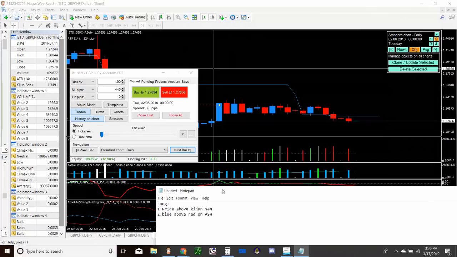Then we've got to have VQZ of 0. And then we want volume above the moving average. And then short is going to be the opposite of all of these, of course.